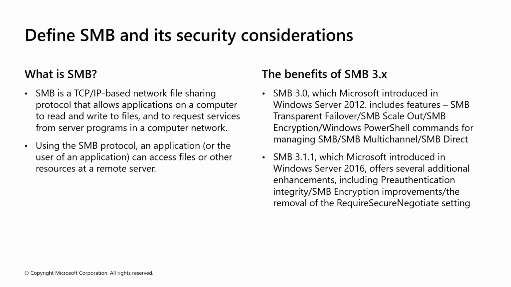SMB 3.1.1 in Windows Server 2016 added pre-authentication integrity and improved encryption. These enhancements make SMB a secure, high-performance protocol for sharing files and supporting applications like Hyper-V and SQL Server. Always consider enabling SMB encryption and use the latest version for maximum security.